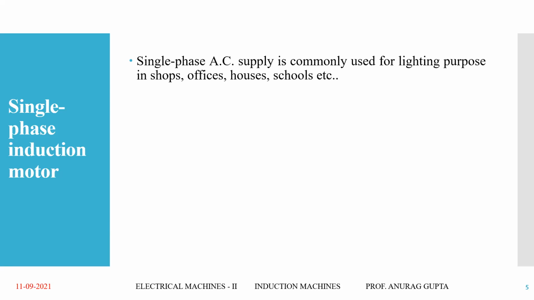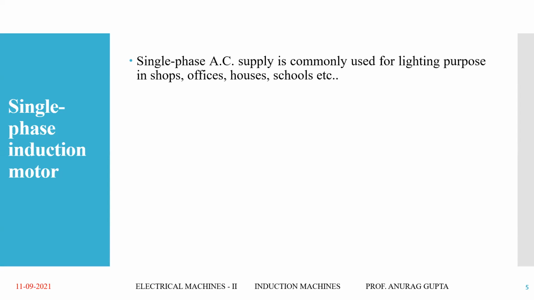That's the main motto of your subject EM1 and EM2, so that you understand the basic concept of each machine, the constructional features of each machine, and the working principle of each motor, generator or machine.